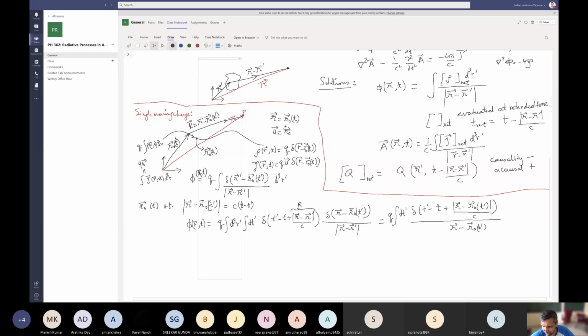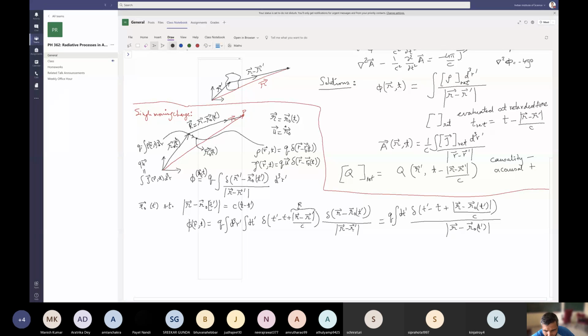Okay, so let me explain what this is. If I do the r prime integral first, here r prime is a variable, it does not depend on t prime. So what are the things that depend on r prime?